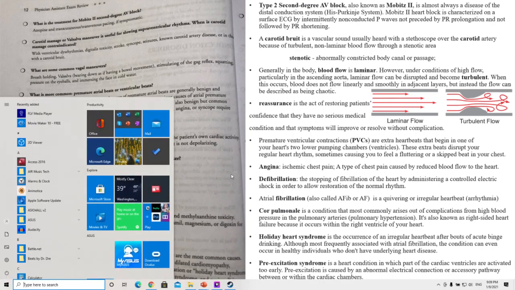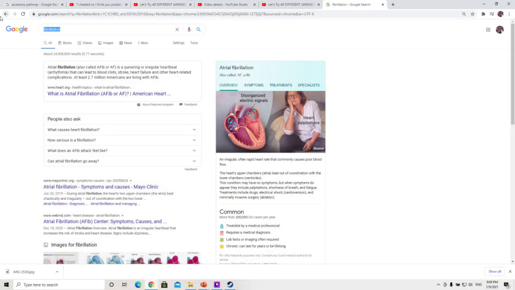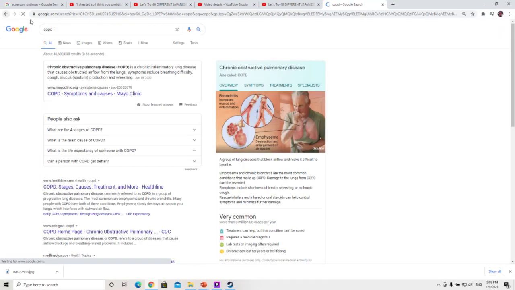Okay, chronic obstructive pulmonary disorder. Oh, it's the lungs. I was thinking it was the heart the whole time. A group of lung diseases that block airflow.